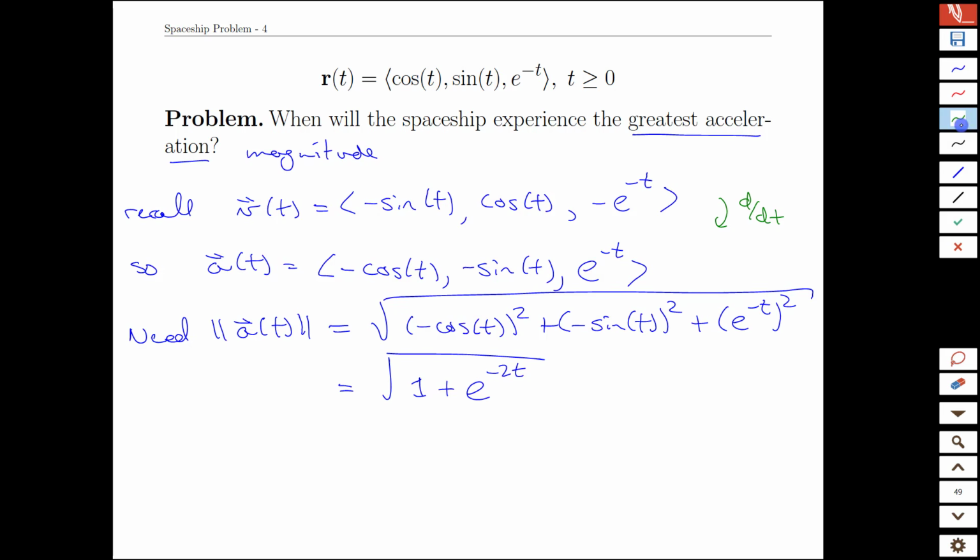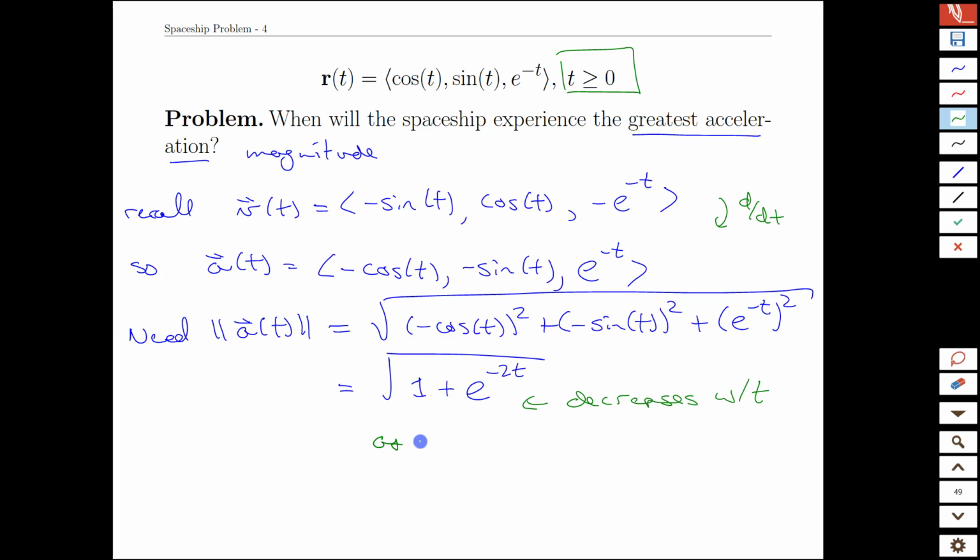Now, you might be tempted to do some kind of optimization strategy. That is certainly effective, but here we actually have enough information to answer the question now. We have t only greater than or equal to 0 in our consideration, and we know that this decreases with t. It's an exponential decay because of the negative sign there.